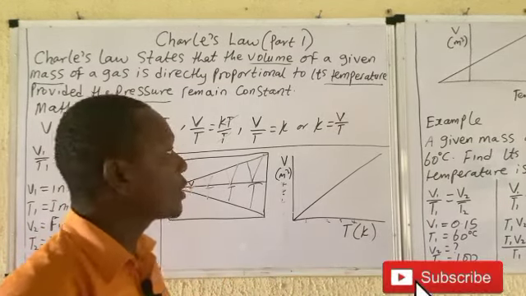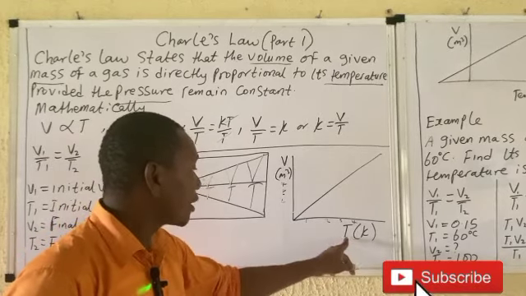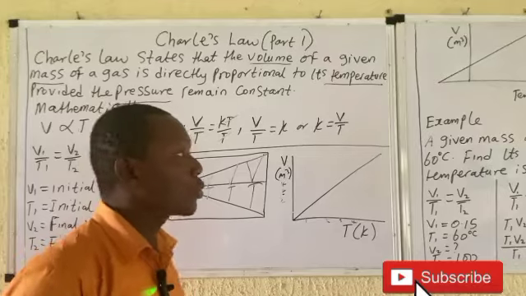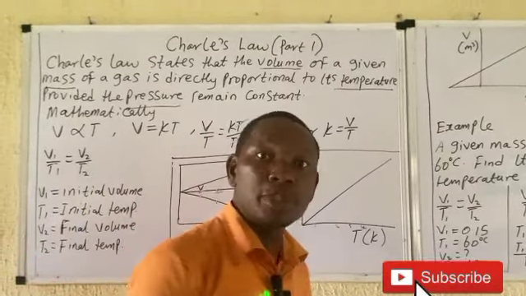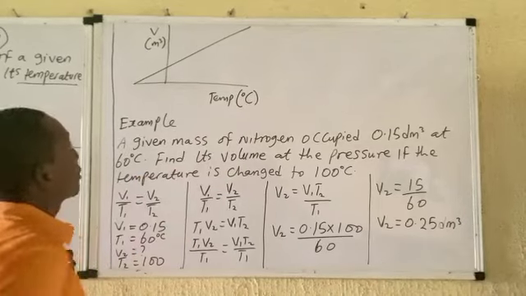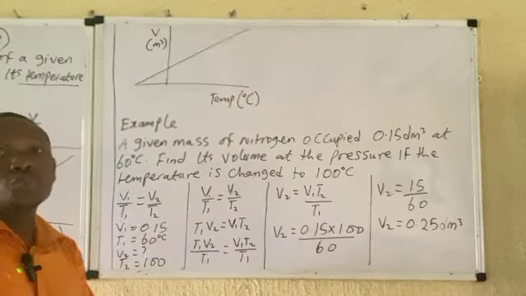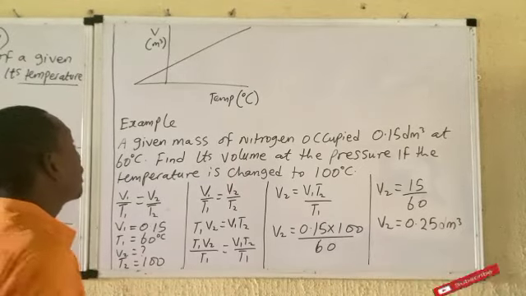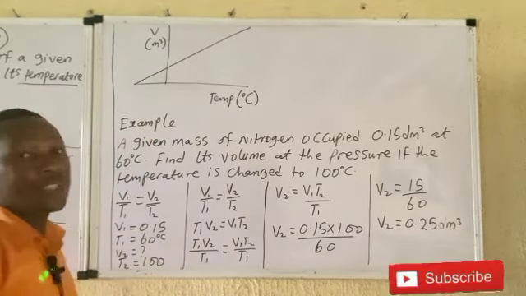Remember, the temperature here is in Kelvin and the volume here is in meter cube. So let's represent it in degrees Celsius. We'll treat temperature conversion in a separate video. In degrees Celsius, this is how the graph will look.